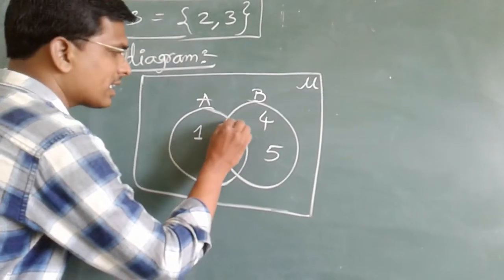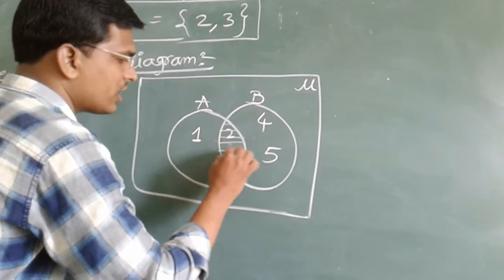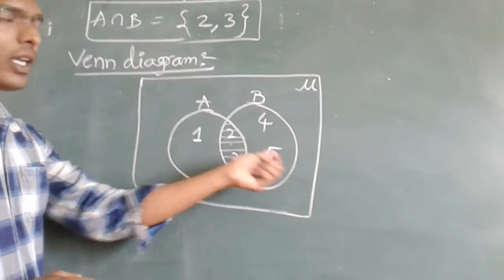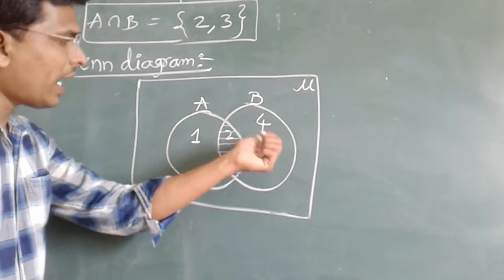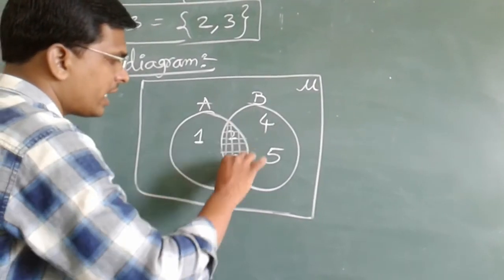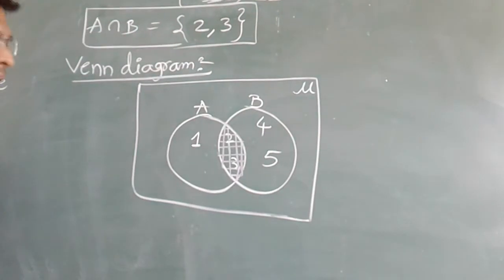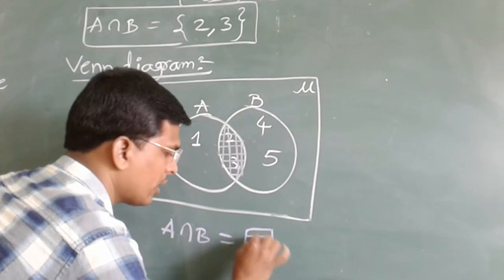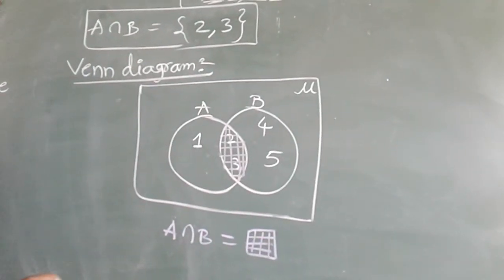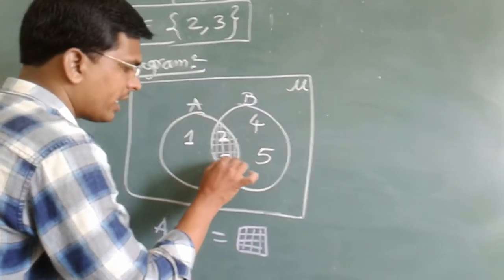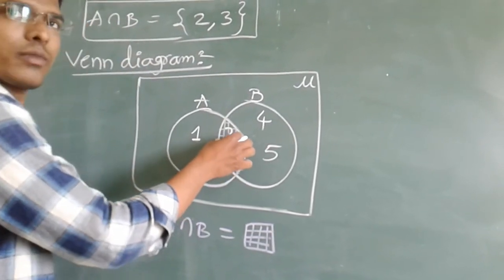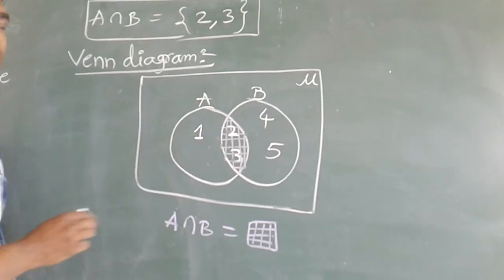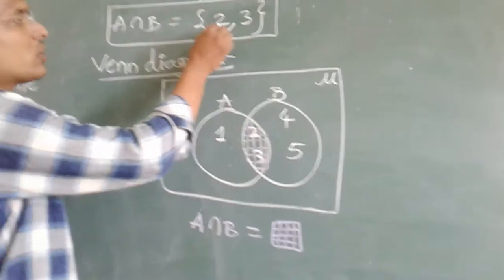What is your answer? A intersection B is only this shaded region, not the whole set A, not the whole set B, only the combination of A and B. So A intersection B is equal to the shaded region. That's why I have written the elements 2 and 3 in this place, because these two elements are the only ones repeating twice. So A intersection B is equal to {2, 3}.